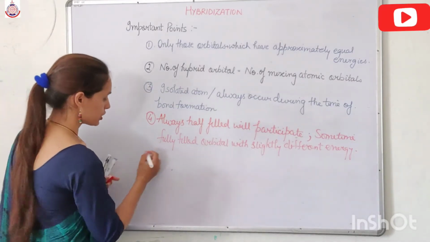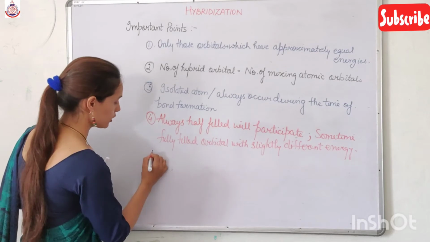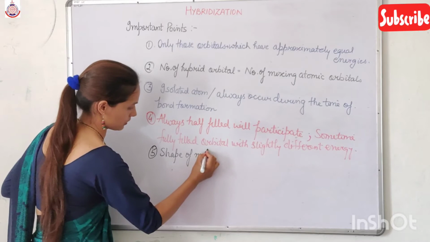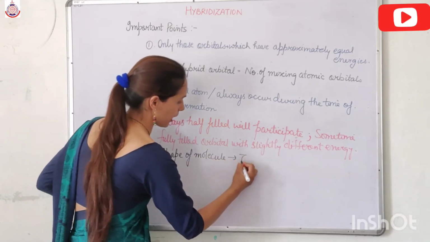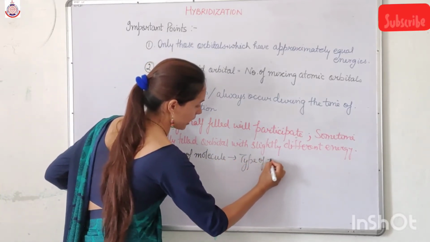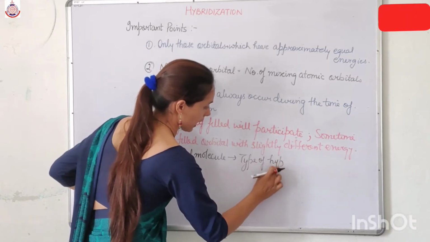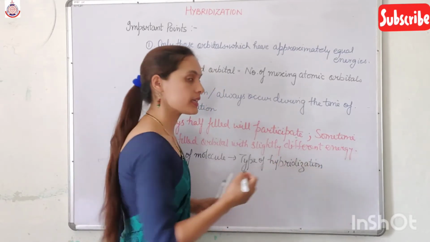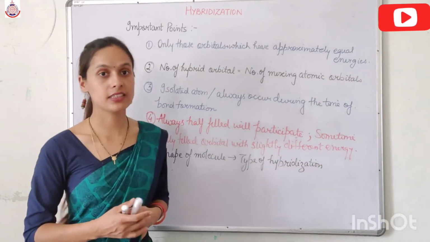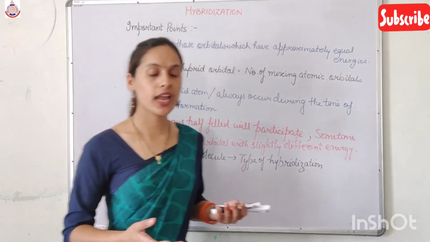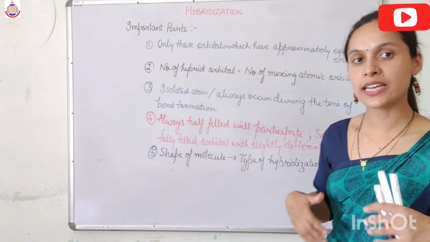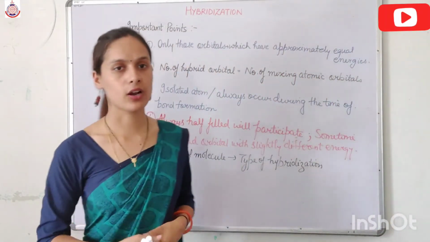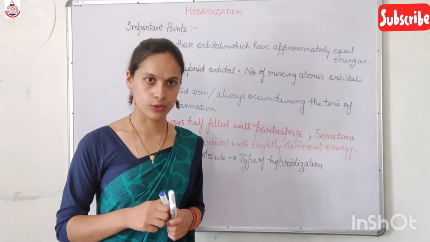Now, the shape of a molecule is decided by the type of hybridization. So as soon as you get to know how we can find out the type of hybridization, through this we can easily find out the shape of a particular molecule.